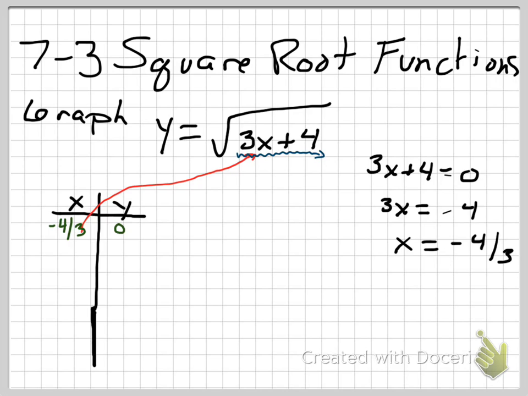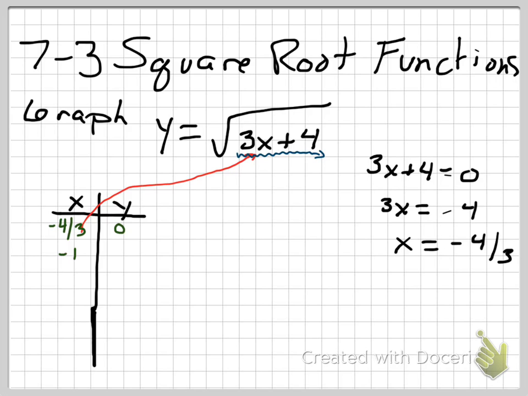And now we have to figure out where we're going. So we need to pick a number close to negative 4/3 to see if it works. So I'm going to choose negative 1. I'm going to put negative 1 in for x.